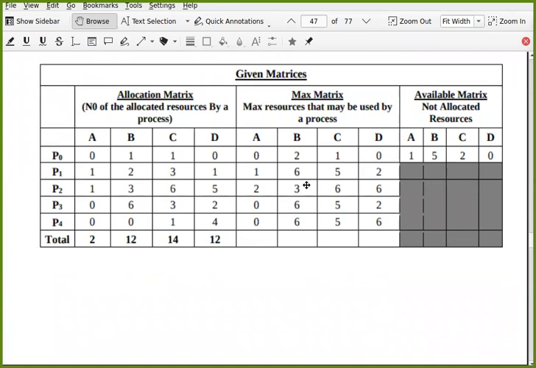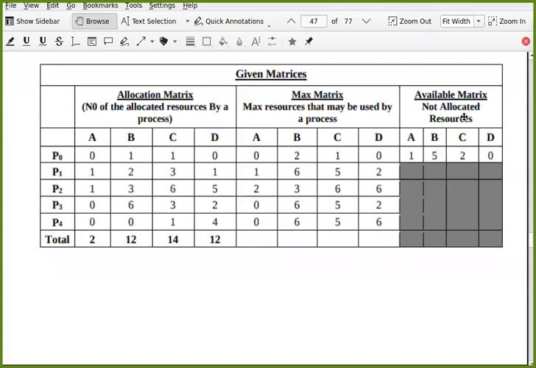So what we need to find at this point, first of all, what is our algorithm? This is the same thing that we discussed in the last lecture. You have C, the claim matrix, the allocation matrix, and the available matrix or available vector, because it is only one row.